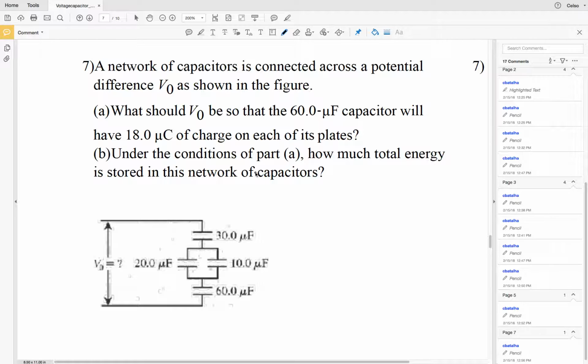Now, capacitance is physically, intrinsically part of the capacitor. So capacitance does not depend on charge or voltage specifically. If you give a certain voltage, the capacitor will store a certain amount of charge. If you increase the voltage, you increase the charge.